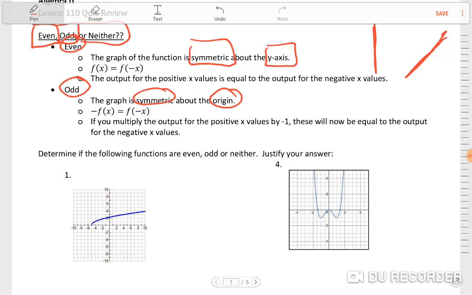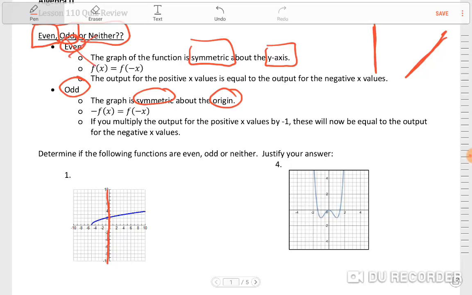If I look at number 1, if I were to imagine a vertical line going right through the y-axis, this left side does not look like a mirror image of the right side. So it definitely is not going to be even.